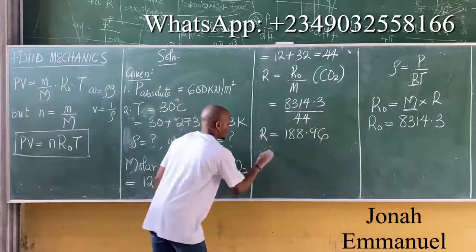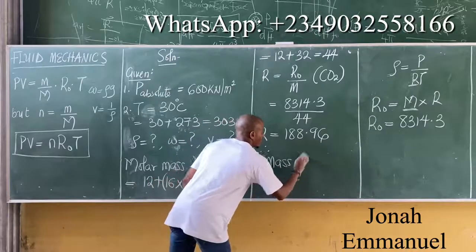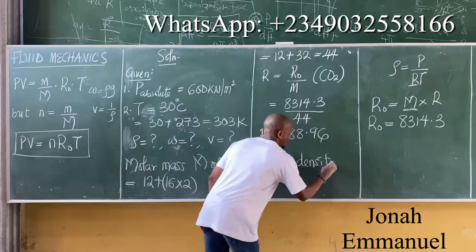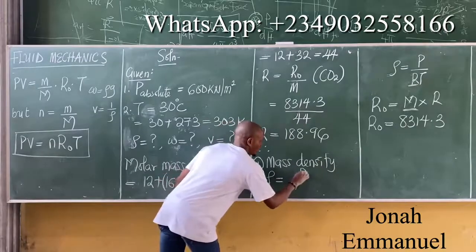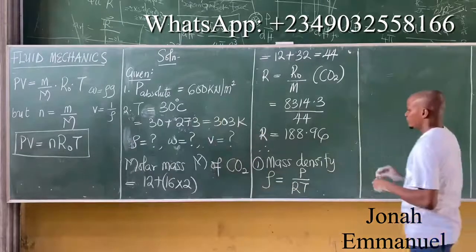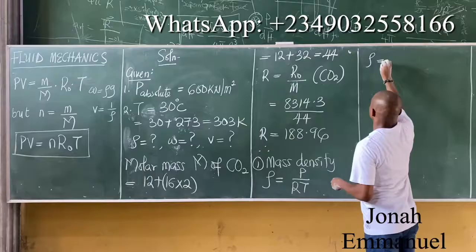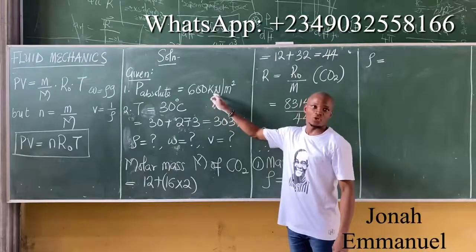So therefore, number 1, mass density, that's rho, is equal to P all over RT. So rho is equal to P. This one here, please observe, is in kilo.